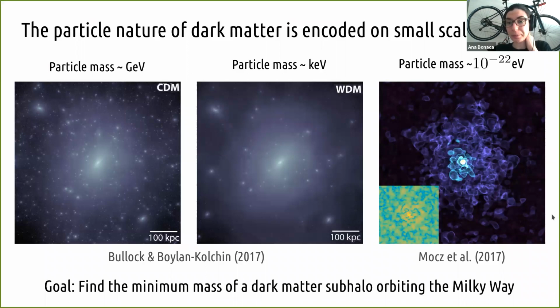So our goal then, or my personal goal, is to find what is the minimum mass of a dark matter subhalo that is orbiting the Milky Way. And as I hinted at on the title slide, the way we're going to go about it is using globular clusters, so clusters of stars.